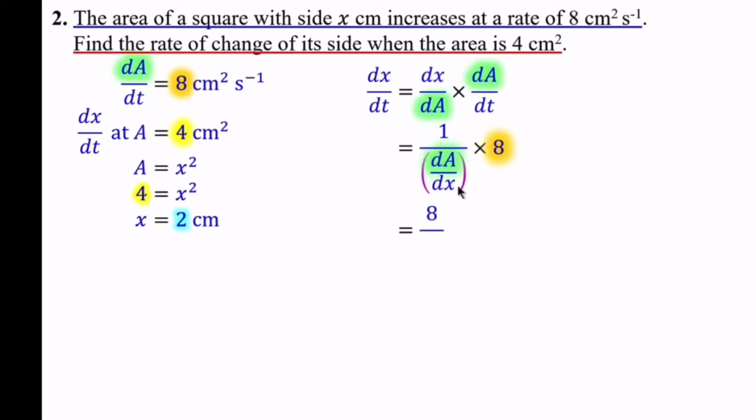So dx/dt is equal to dx/dA times dA/dt. We substitute 2x, because area is x squared, so dA/dx is 2x. So we are going to solve: the answer is 8 over 2x. So the answer is 2, right?